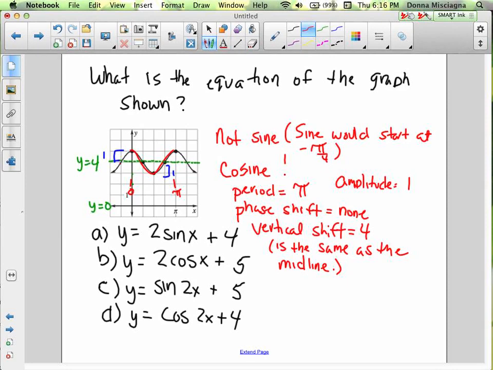Because right there would be the start of sine. So we can eliminate A and we can eliminate C. We can also eliminate C because the vertical shift is wrong. Right? They wrote the vertical shift from the top of the graph, not the midline of the graph. So that's not the correct vertical shift. The graph hasn't been shifted up 5, it's only been shifted up 4. So that's wrong anyhow.